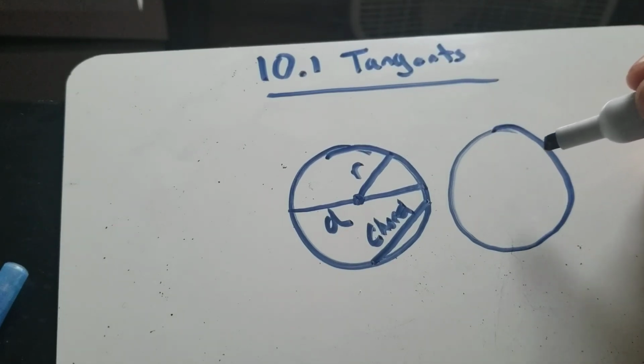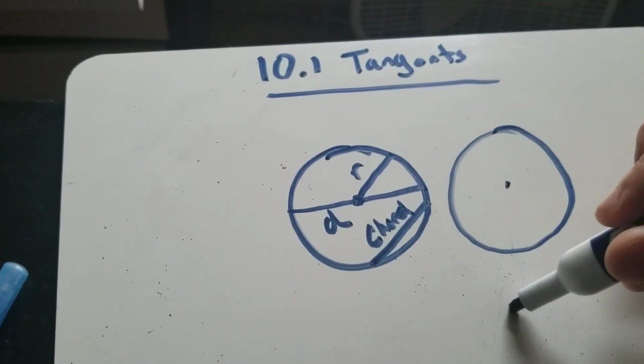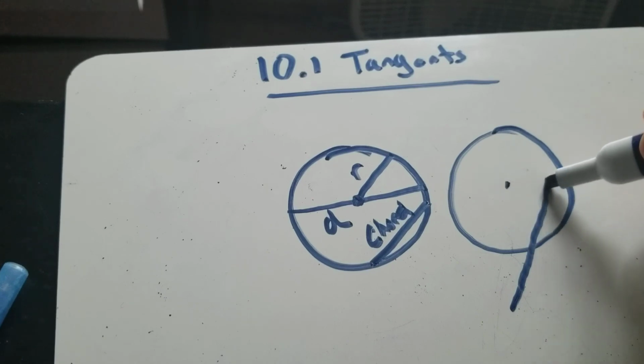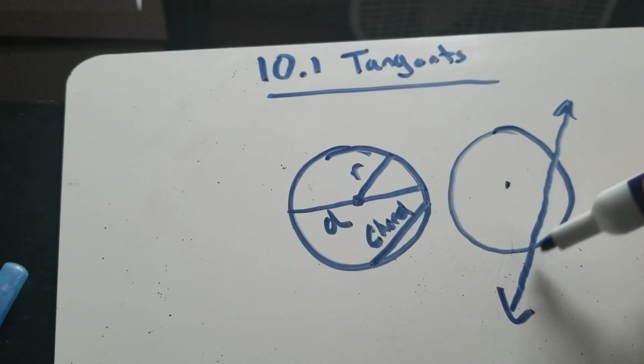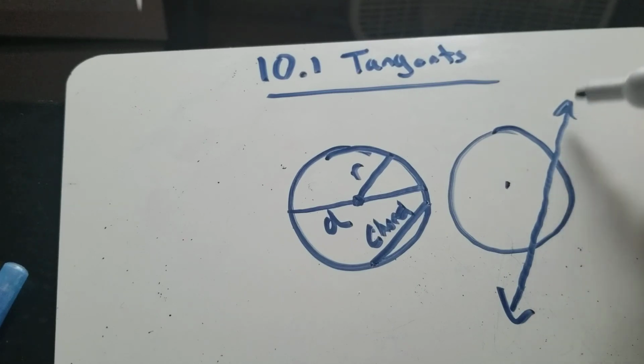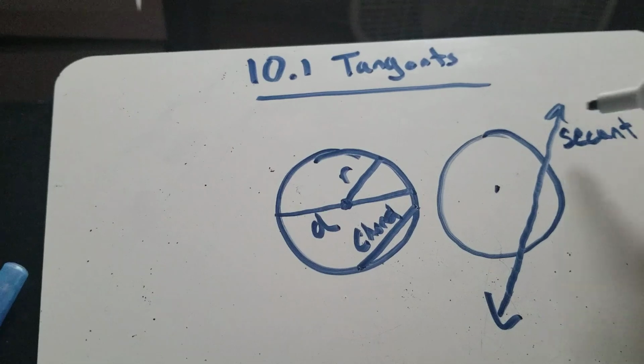There are two other new words. Let's say a line that goes in and out of the circle, like this. It goes into the circle and right out of the circle. That is called a secant. That might sound familiar. That's from the trig stuff, secant. Purposely, they have the same name and do have a relationship.